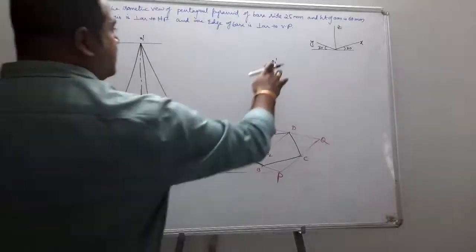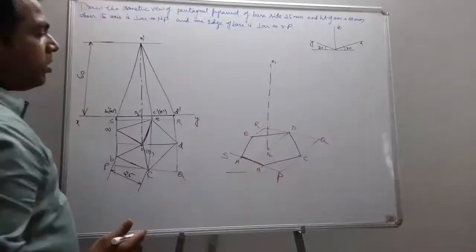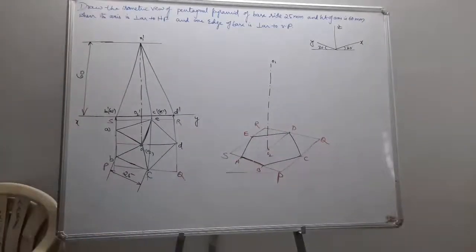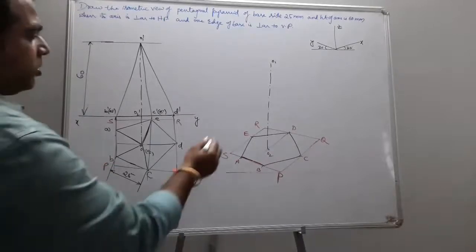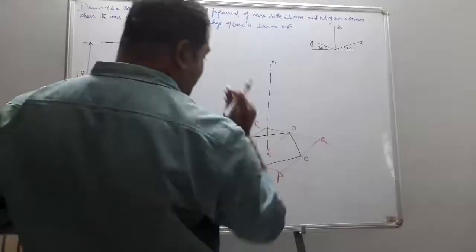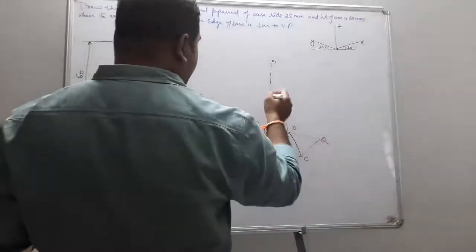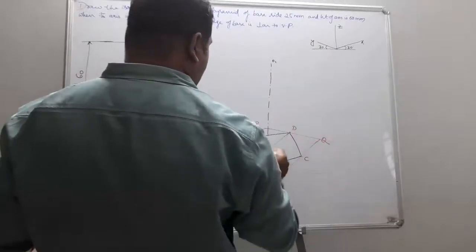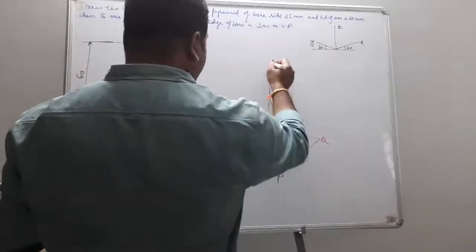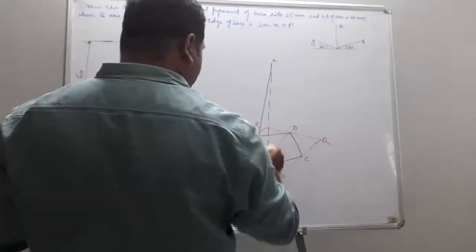Okay, let us consider it is O1. Now join all the corners to the apex. All the corners of the base are going to be joined with the apex. So if I join O with A, and O with B, for example.